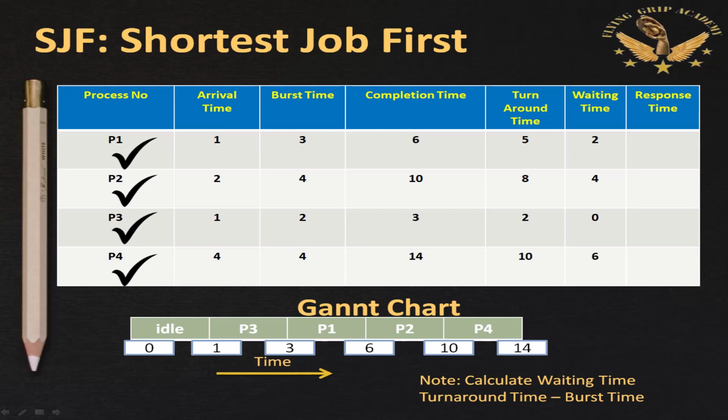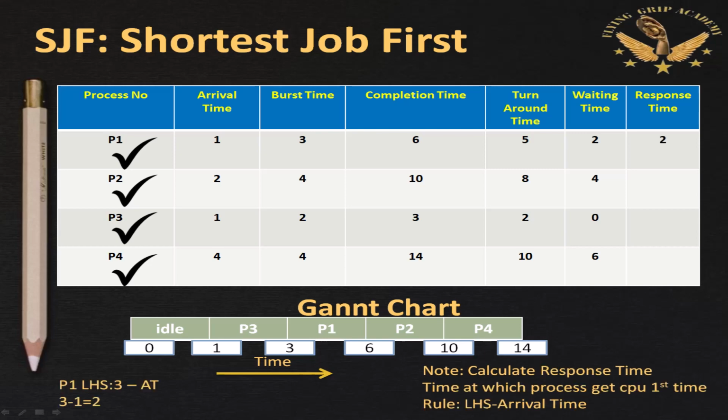So next we need to calculate the response time. In order to calculate the response time, the rule is we take the left hand side minus arrival time. For P1, 3 is the left hand side, minus 1, which is 2.